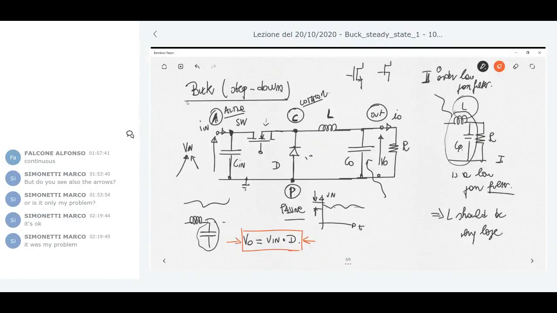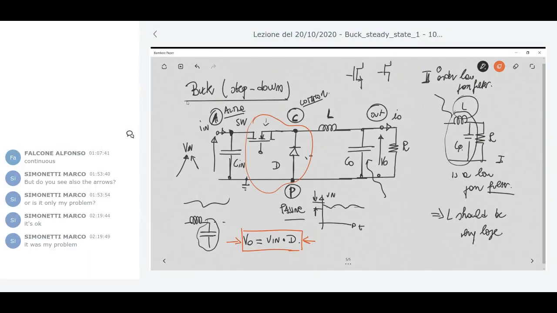In order to describe the operation of the circuit, let's describe the circuit by looking at two different blocks that are connected inside the buck. The first one is what is called the switch network. The switch network is this one. And then I have the filter, or the low pass output filter, which is here. Okay?